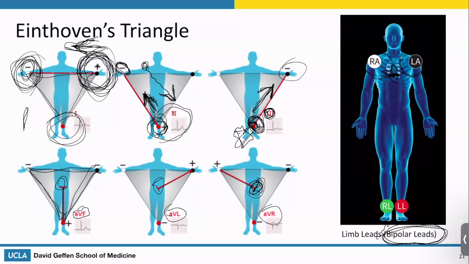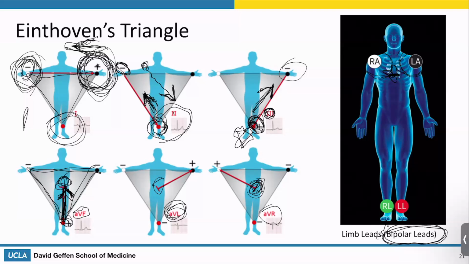So when you're looking at AVF, augmented vector foot, you're looking from the foot up, straight up. And if you know anything about cardiology yet, you know that AVF is an inferior view. So not a bad view, but looking from the bottom. It's an inferior lead, meaning it's looking straight up at the bottom of the heart. So augmented vector foot is looking from this positive to this negative here upwards.